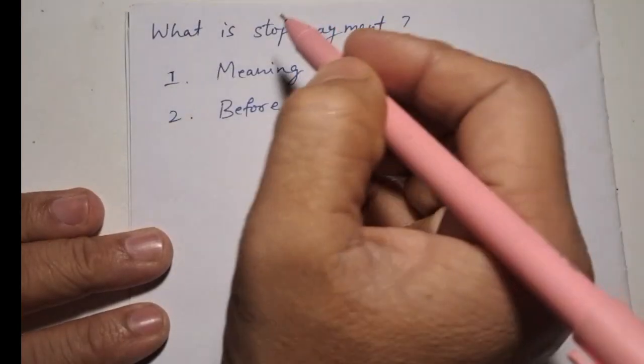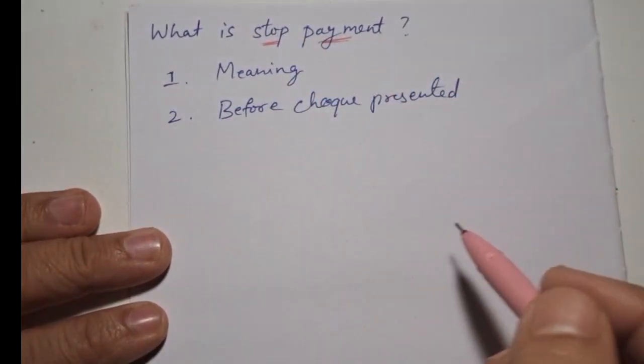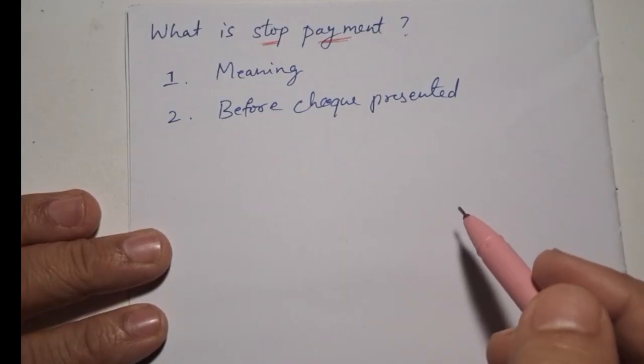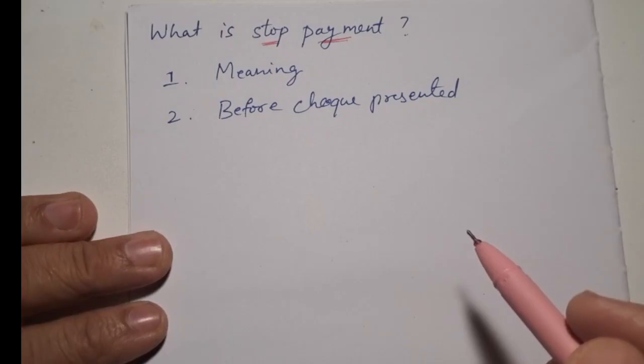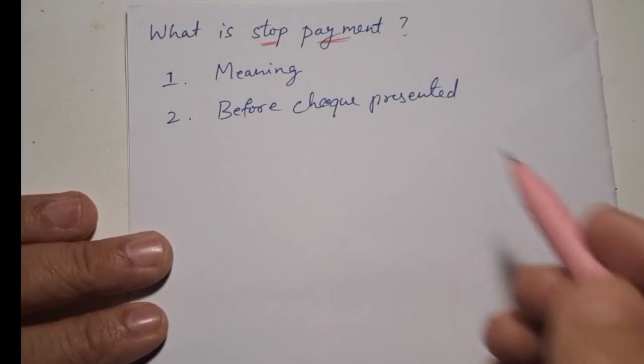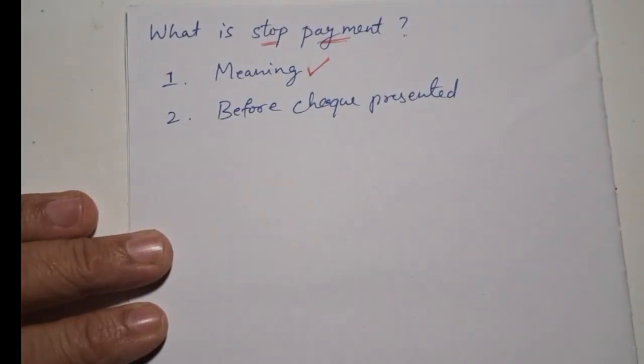Let's start. So friends, we will see what is stop payment of the check. Basically, stop payment is an instruction given by the check drawer to the bank not to clear the check. So he gives an instruction to the bank that the check he has given is not going to be cleared and the payment is going to be stopped.